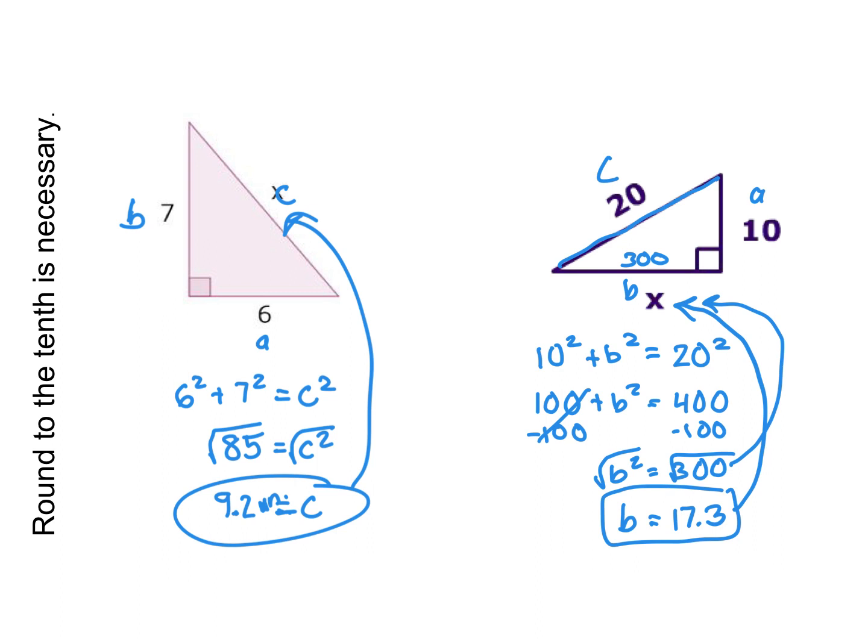The other method is a little bit faster. It's where you take your C and you subtract the piece that you already know. So I could take my C squared minus my A squared to get my B squared.